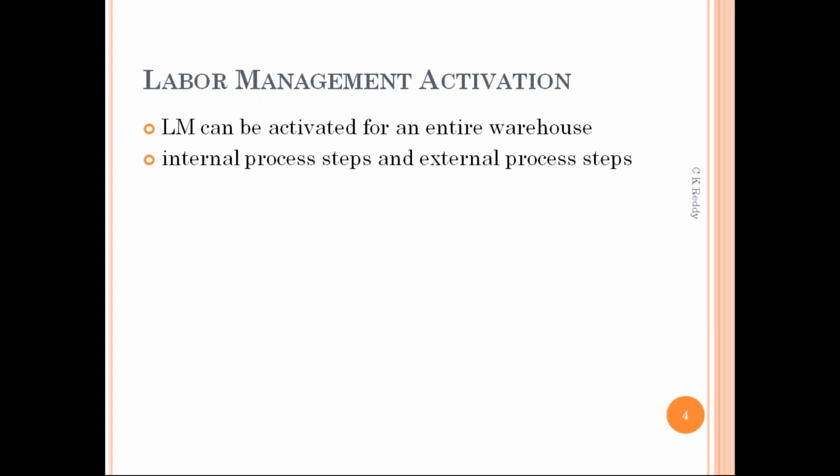After activating the labor management against the internal process step, we can deactivate it at external process step level. VAS is the internal process step. I can activate the labor management against that internal process step, but I can deactivate the labor management for kitting and preservation external steps. Okay, that is also possible in our labor management.